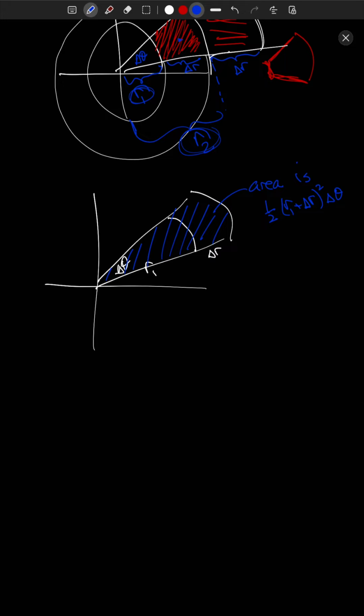And you can always check your formula, because if theta is 2 pi, you should get the area of an entire circle, pi r squared: the 2's cancel, and we get pi r squared. The area of this smaller wedge over here is the same formula, except our radius is now R1: 1/2 R1 squared delta theta.